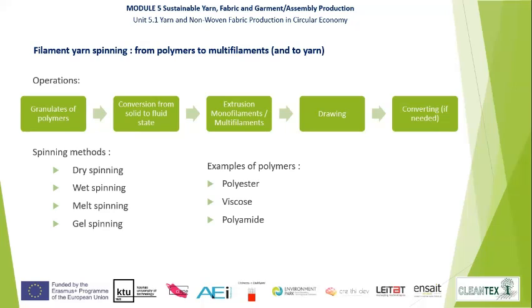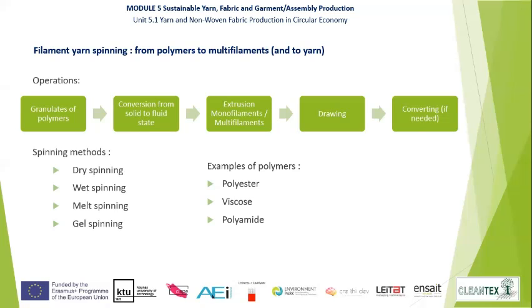The polymers can be, for example, polyester, viscose, polyamide. They are synthetic or artificial materials. There are different spinning methods. We can find the dry spinning, the wet spinning, the melt spinning, or the gel spinning.